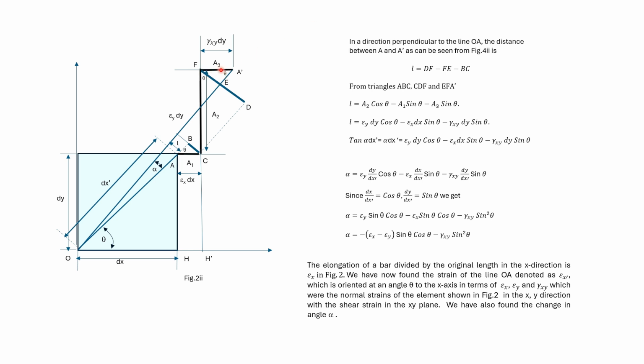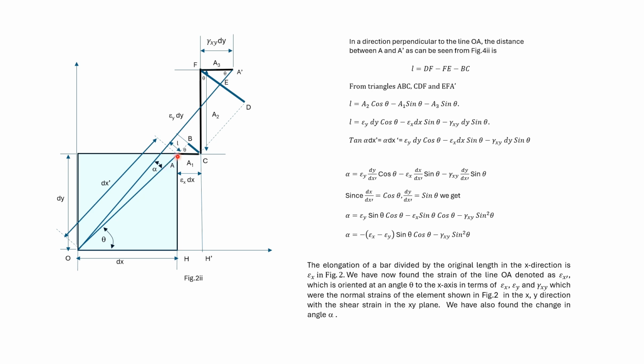FE is A3 sin theta, which we have given here. And BC is A1 sin theta, which we have written here. Now A2 is epsilon y dy, A1 is epsilon x dx, and A3 is gamma xy dy.